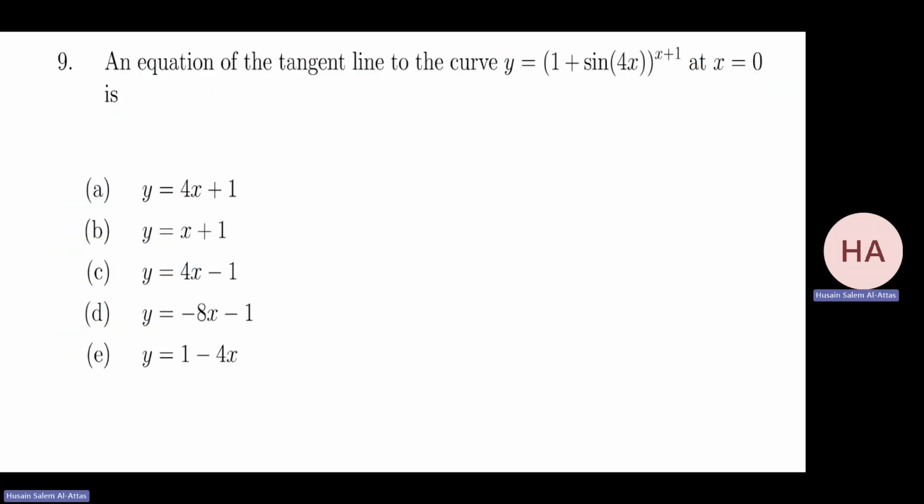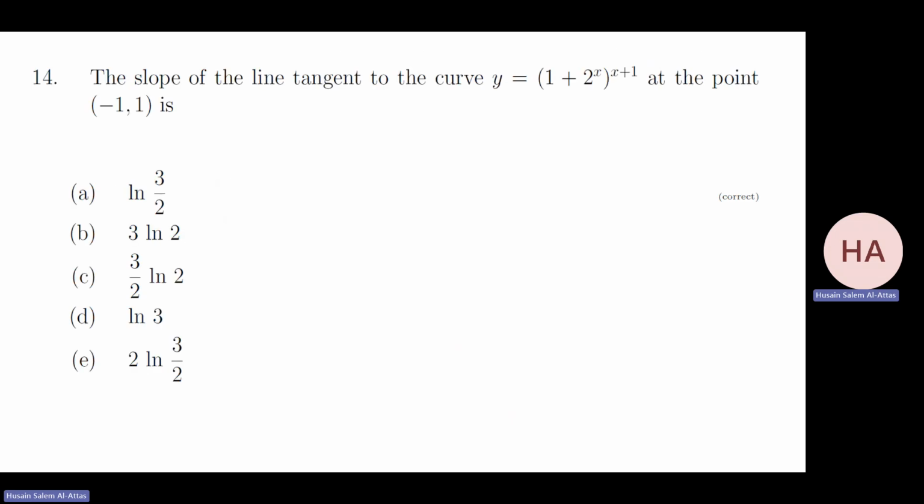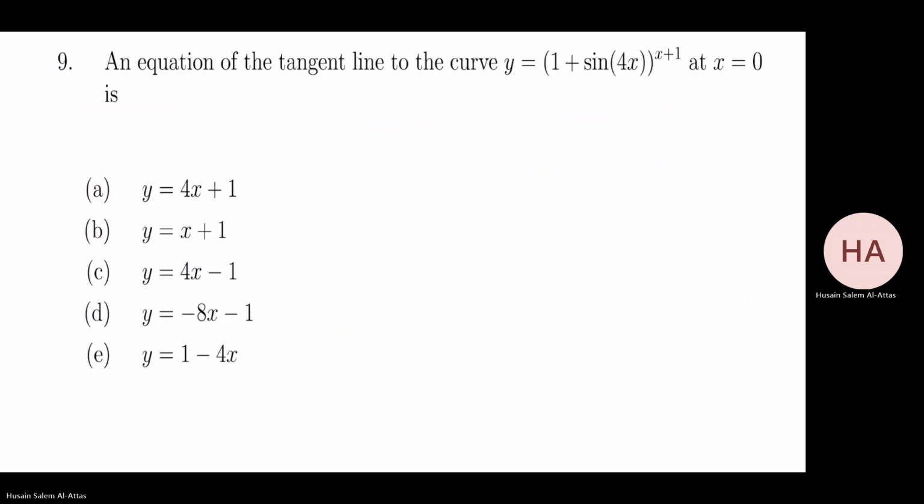Let me do these 3 problems, then I will stop. And the equation of the tangent line to this curve. Need to find the derivative of this, m tangent, y prime at 0.